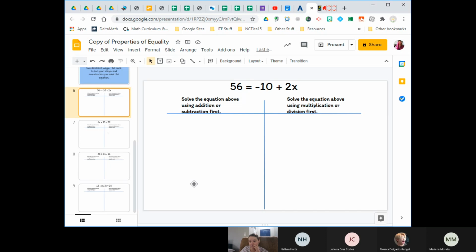I want to see your work. You can either work it out on paper and upload a picture of it, or you can work it out on paper and then type it here, or you can just type out your work here, whichever way works best for you.